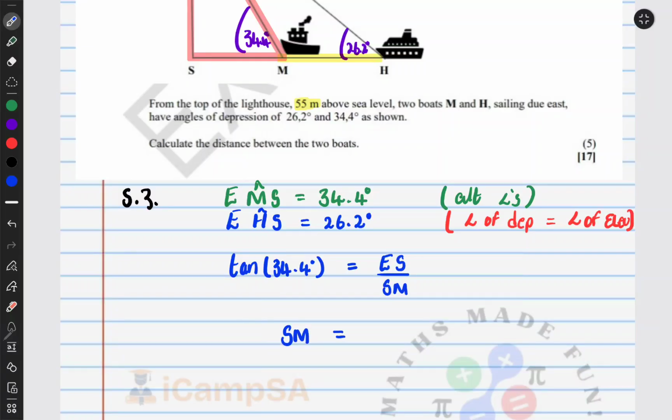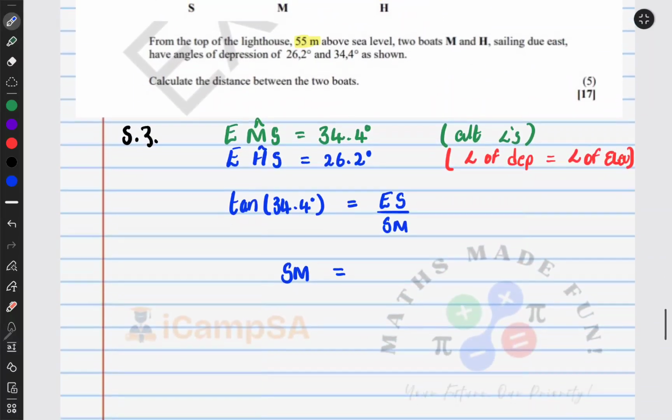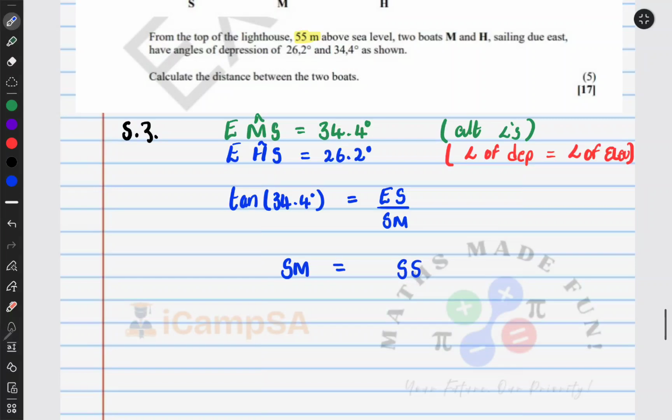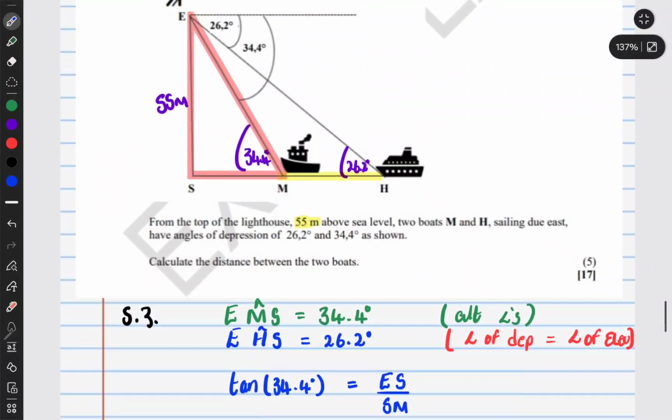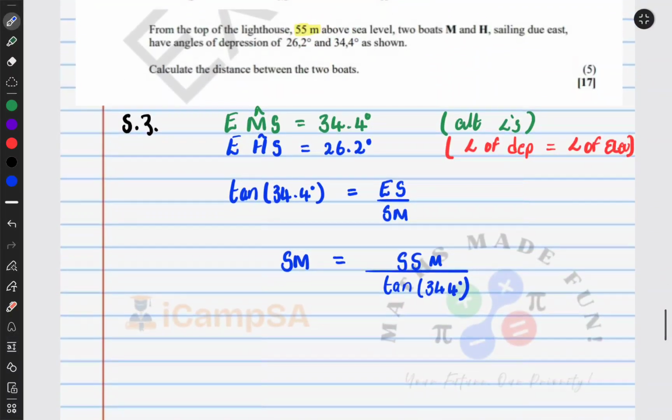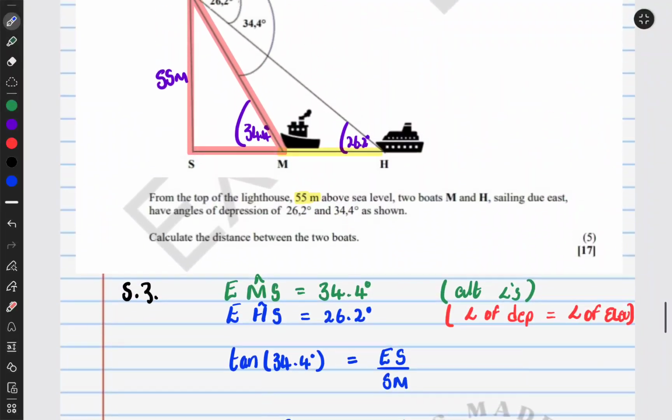So SM is equal to, what is side ES? It's 55 meters, so SM is 55 meters divided by tan 34.4 degrees. And so we basically have side SM now.